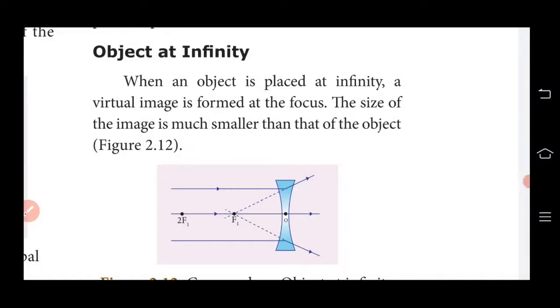Students, first condition, object at infinity. When an object is placed at infinity, which means space, a virtual image is formed at the focus and the size of the image is much smaller than that of the object.